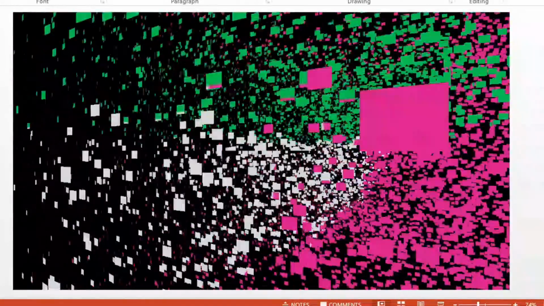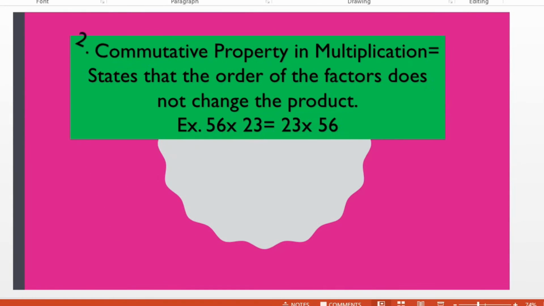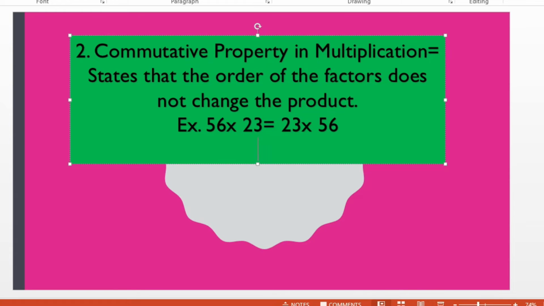Next, kind of property is commutative property. Commutative property in multiplication states that the order of the factors does not change the product. So for example, 56 times 23 equals 23 times 56. So let us check what is the answer. So i-multiply po muna natin ang 56 times 23.